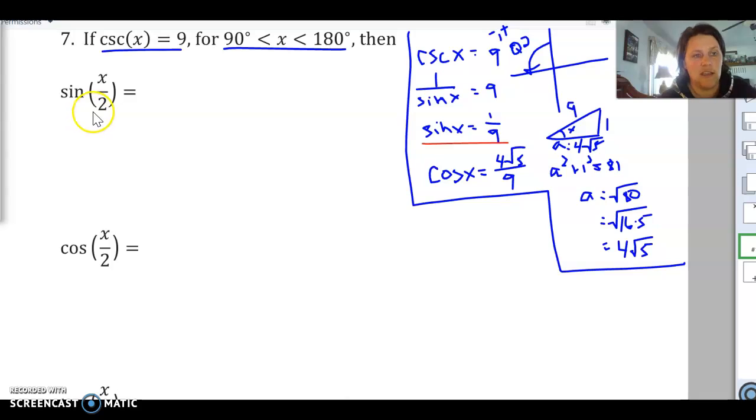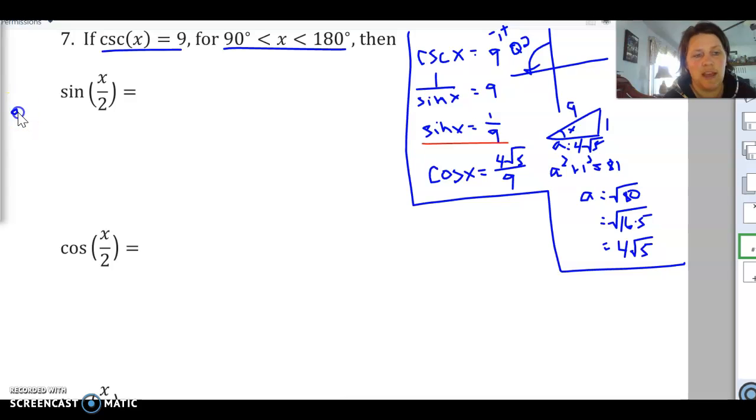So first thing that we need to talk about is our domain. We want sine of x over 2 for all values of x between 90 and 180 degrees. Problem is, now we have gone from angle x to angle x over 2. We're looking at the half angle identity. So let's work with this domain and change that domain so that we know what it is for x over 2.